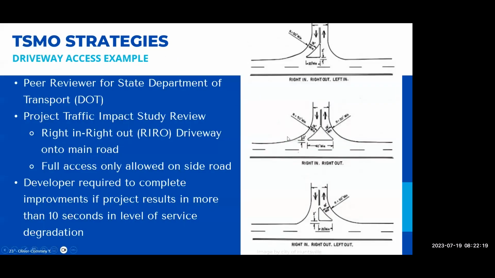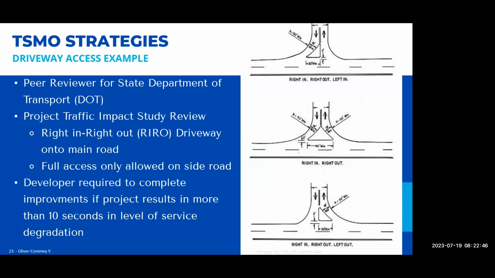What we have been doing for one of the state departments is to be a traffic impact study peer reviewer, and they are very strict. We go through it and ensure that you don't just get driveways everywhere you want. If, for instance, you were putting up a new building on, let's say, High Street, we are going to ensure that you don't just put your driveways a few meters apart. And we also ensure that you don't always have a full driveway.